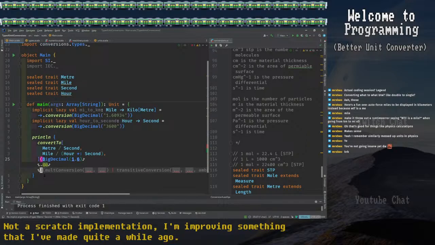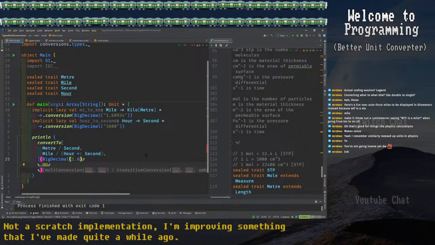Hmm. Let's take a look. So what's missing? What the... I guess it can't figure this out is the problem.